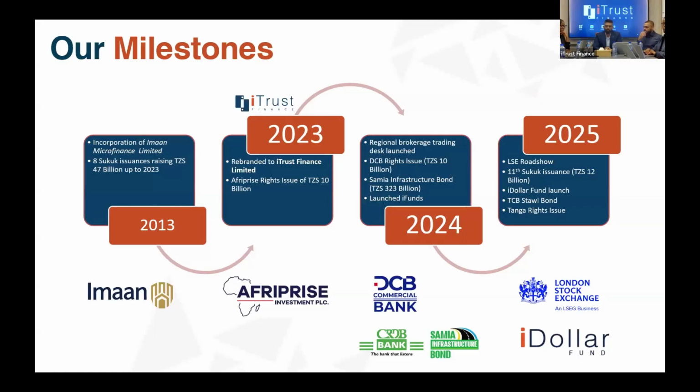And the last rights issue we did was for Simba Cement, that is Tanga Cement, of close to 204 billion Tanzanian shillings, which was fully subscribed. This year we also launched the Dollar Fund, which is the first ever dollar currency fund in the market.